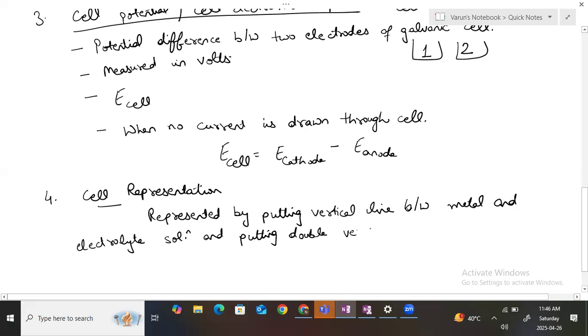Then a double vertical line between the two electrolytes, connected by salt bridge.